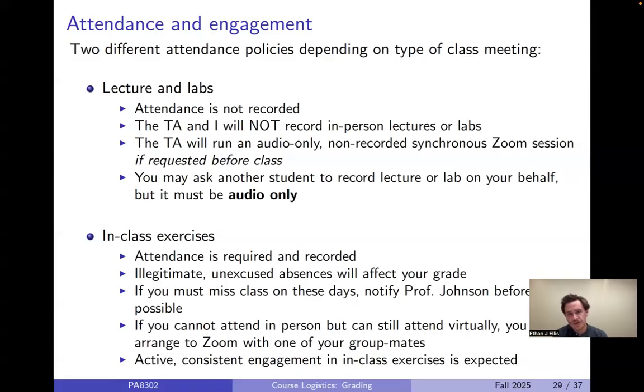You can record a lecture or lab yourself, but again, it must be audio only. So overall takeaway, attendance is not required, but it is highly, highly recommended. And we're not going to do video classes, but we will do asynchronous recordings as necessary.